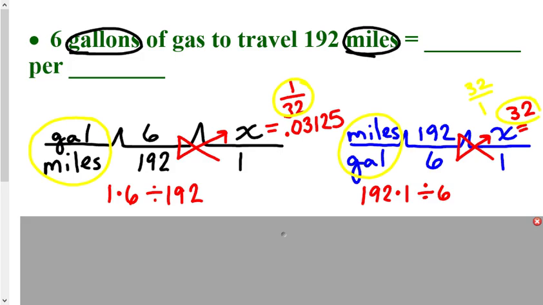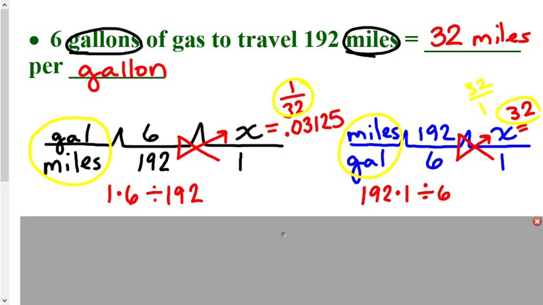Well, I would suggest, and I think most people would agree, that the better answer is the 32, because then you can write it as 32, and you write your units in the order they're written from top to bottom. 32 miles per gallon. That's probably the better way to do this, because it's easier to understand.